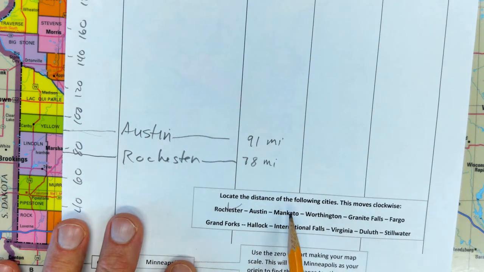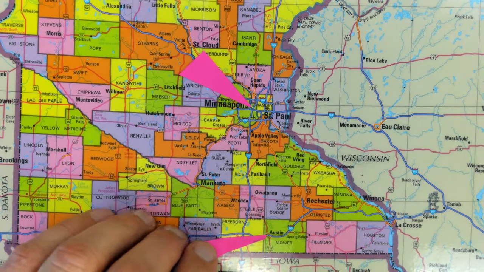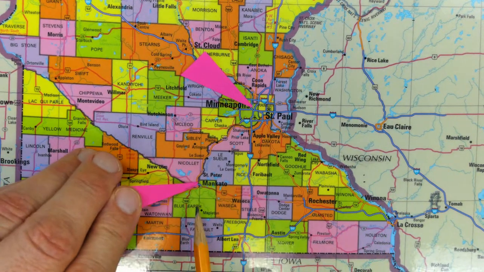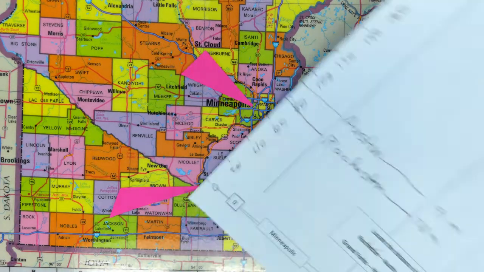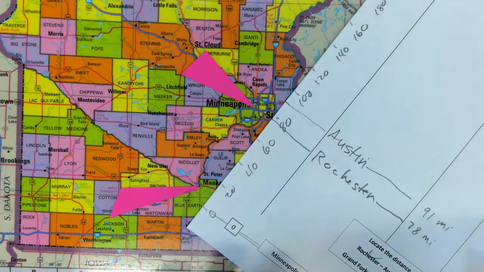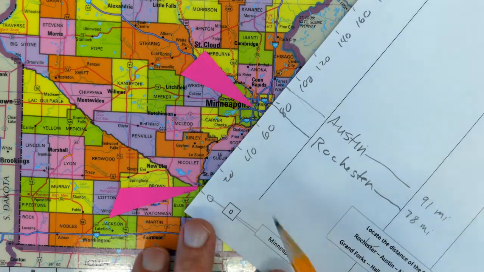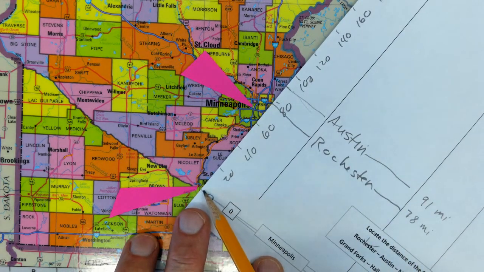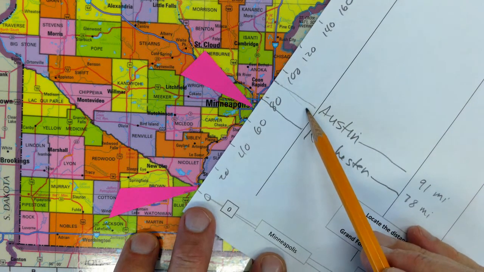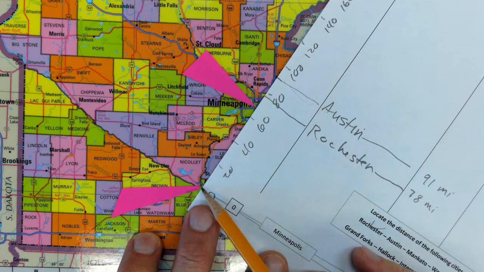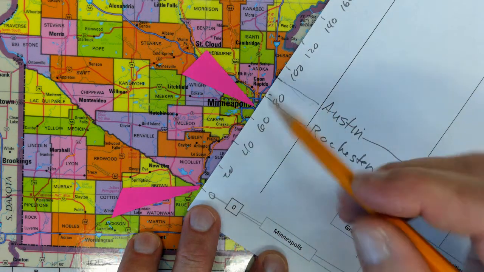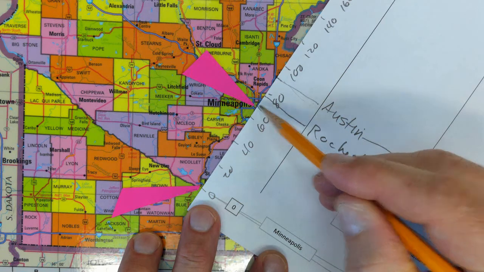All right, our next one is Mankato. Mankato is right there. So now just for the ease of using my map scale, I'm going to make Mankato my origin and then have the mile marker end up at Minneapolis. So starting at Mankato, Minneapolis is right about there.